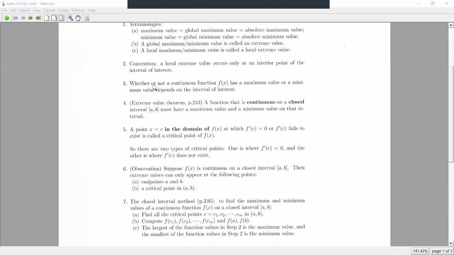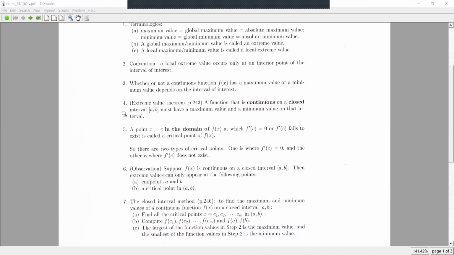In geometrical language, in graphical language, it is whether or not a continuous curve, a function is a curve, has a highest point, maximum value, or a lowest point, minimum value, depends on the interval of interest.